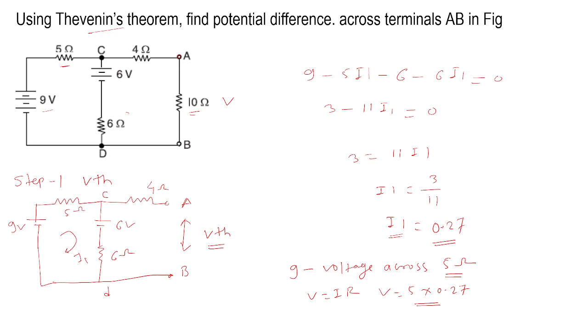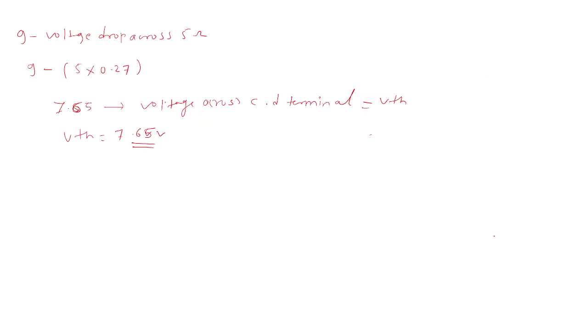While finding the RTH, we need to make all the independent sources turn off. Kindly check this diagram. So 9 volt and 6 volt will be replaced by short circuit. So the diagram will be like this.